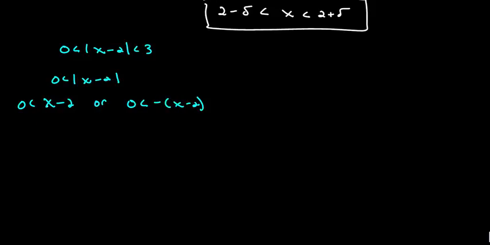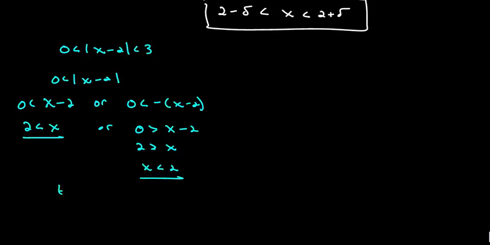If we do the math here, this guy right here gives me that x has to be more than 2. And this guy right here, if I multiply both sides by negative, remember negative 0 is just 0, and move this over, this says that x is less than 2. Right? So either x is greater than 2 or x is less than 2.